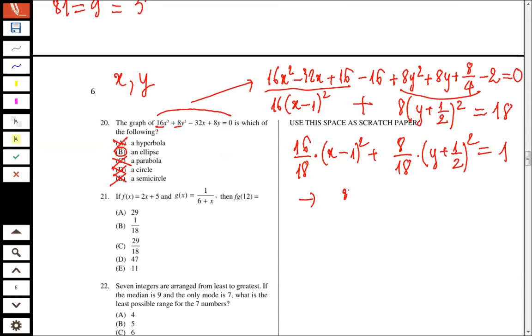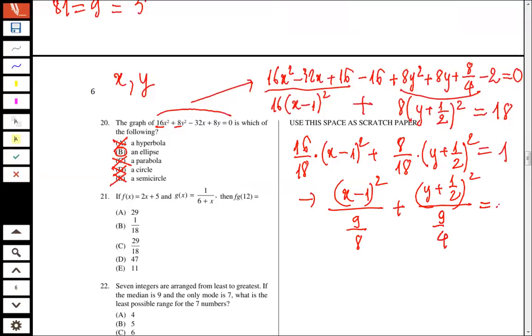It is the fraction: square of sum over 9/8, plus the fraction (y plus 1) squared, that is square of sum here, over 9/4, equals 1. We can easily see that it is an ellipse.